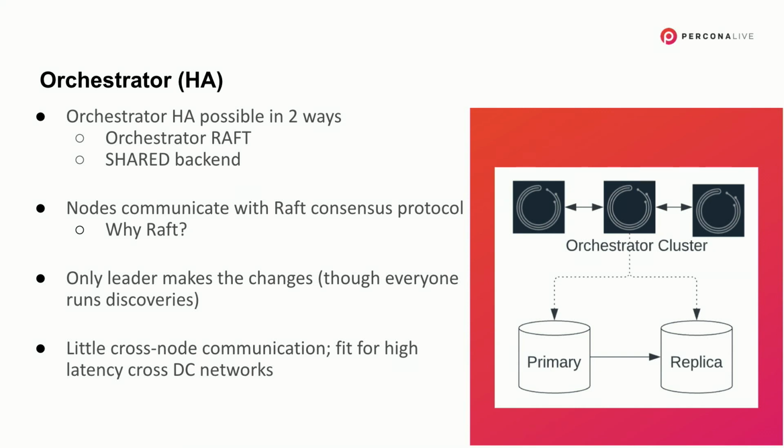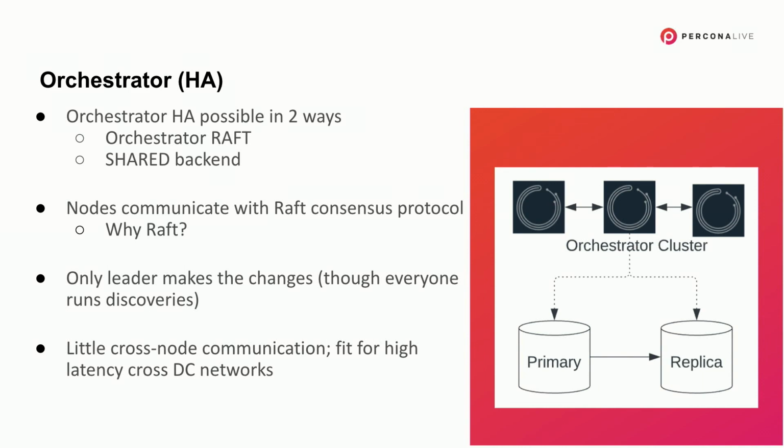If you don't want to maintain a database for Orchestrator as well, then you can choose the Orchestrator raft method. The raft method uses a raft consensus algorithm for maintaining high availability. What it does is, using the raft protocol, all 3 Orchestrator nodes form a consensus to decide which one is the leader.